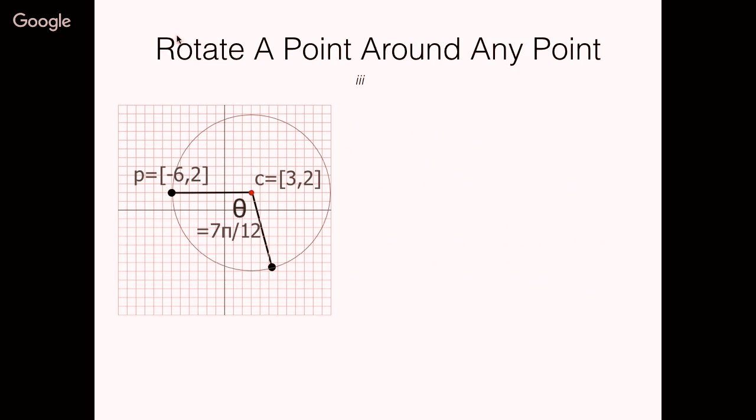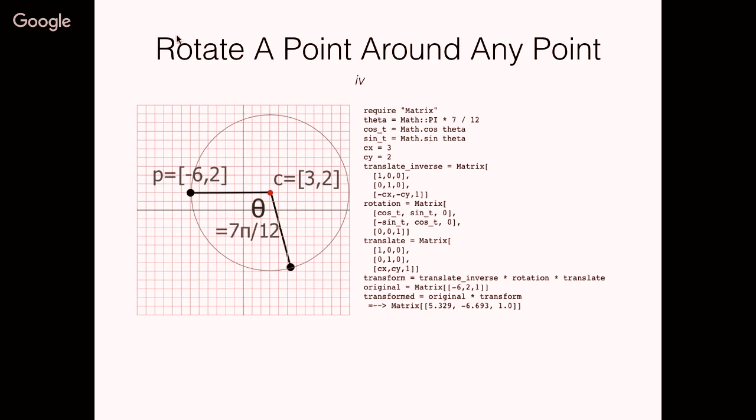And here, is that readable, or can I zoom it in a bit? Yeah, it's okay on the screen. Yeah. So exactly the same Ruby code that we were looking at before. Bring in the matrix, get the value for theta, get the value for cosine theta and sine theta, and just declare where your center is, and then create the inverse translation, which has got minus center x, minus center y, the same thing we're calling AB in the previous thing.